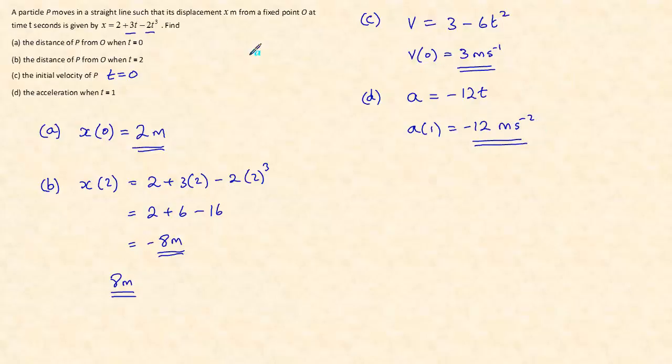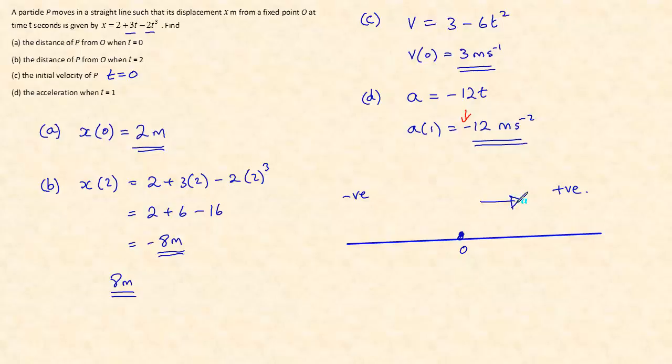Now in this case the negative is important here because acceleration is a vector. If this is O and this is the line the particle is moving on, so this is the origin just here, then you have positive displacement on this side and negative on this side, just as you would with a number line.